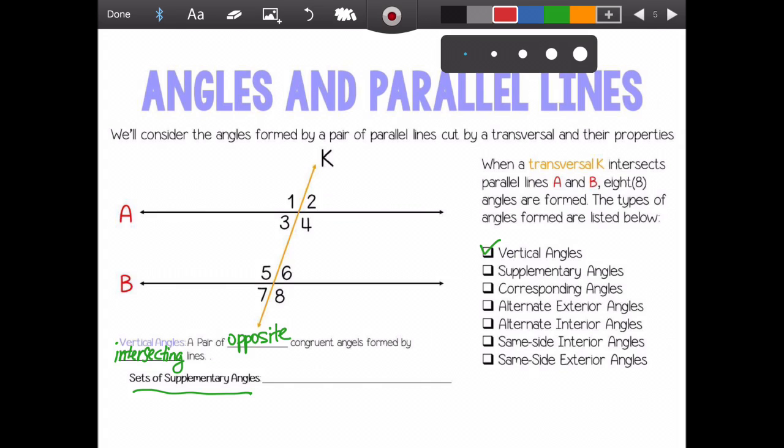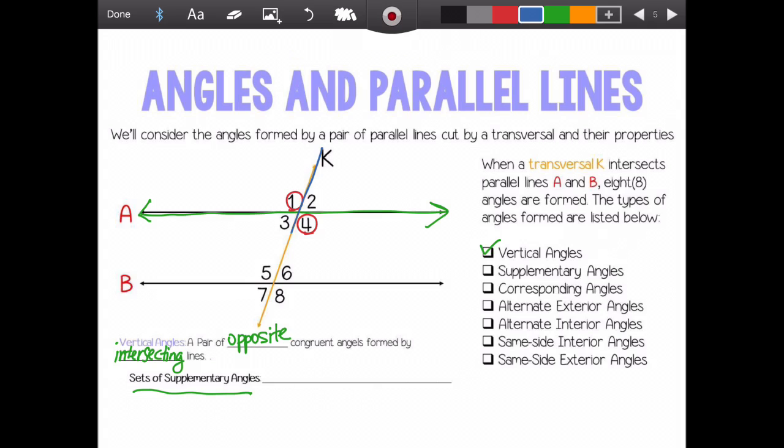angle 1 and angle 4, because again here's our line A, and it was cut by this transversal. So our vertical angles would be the ones that are across from one another when that was formed. And again, to represent angles, we use this little angle sign.